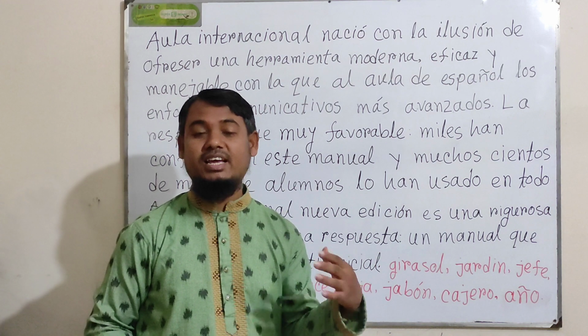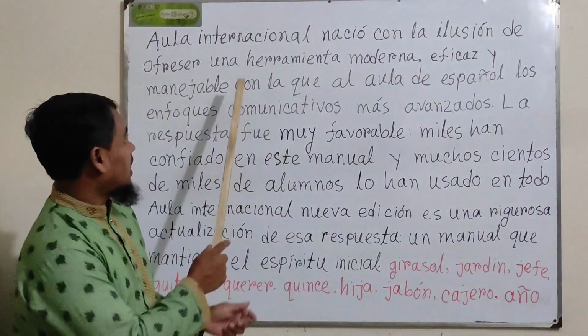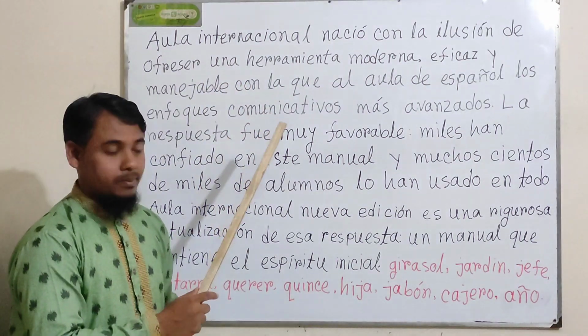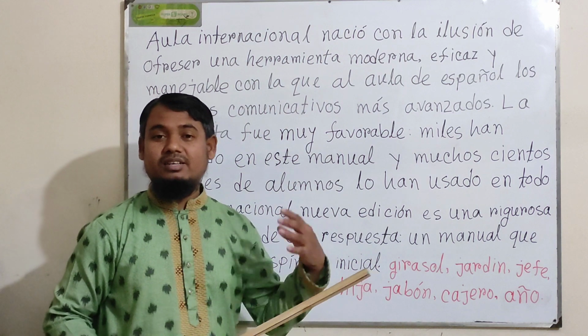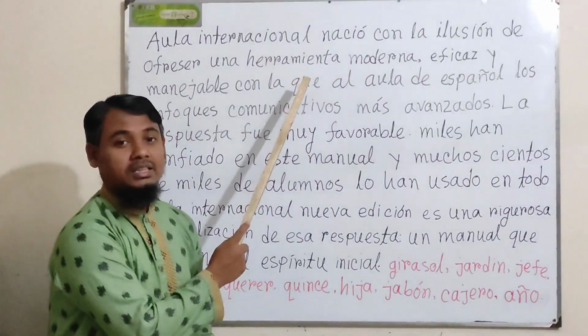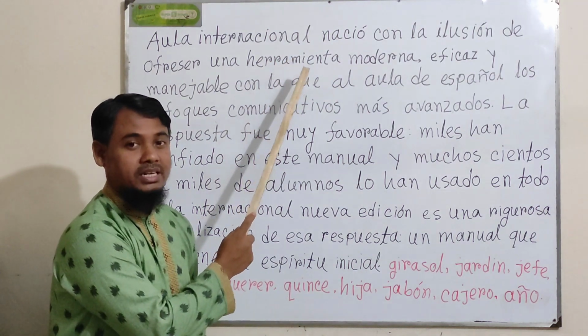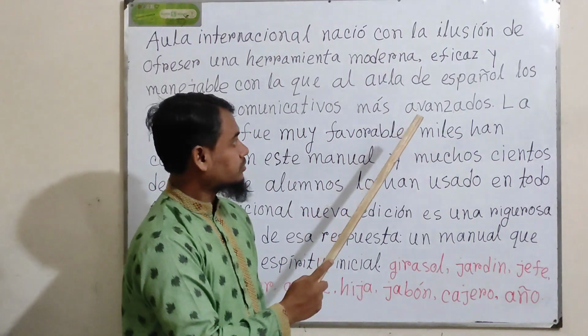But in Spanish, H is always silent. You may use H at the beginning of the word or the middle of the word or the end of the word, but it will never be pronounced. So it is herramienta, herramienta, moderna.